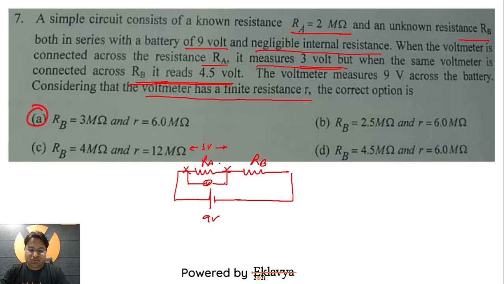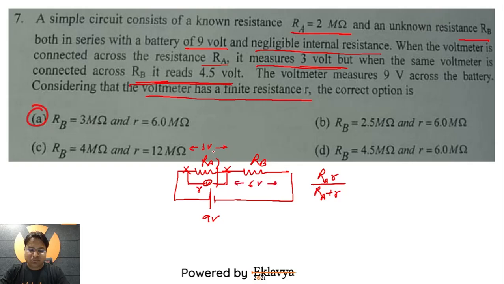Now the equivalent of these two, if I consider the resistance of the voltmeter as small r, will be written as Ra into r upon Ra plus r. So this becomes the equivalent value. Now the total EMF given to us is 9 volt. If 3 volt is across this combination, then 6 volt will be across the other.